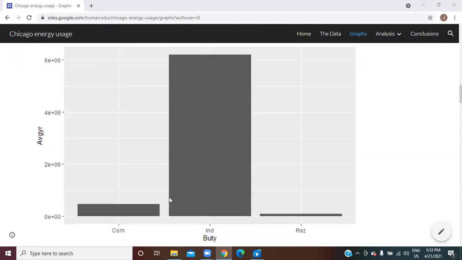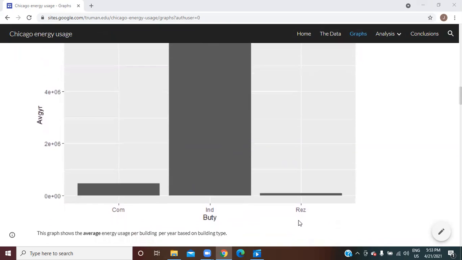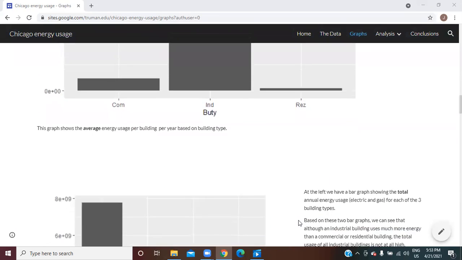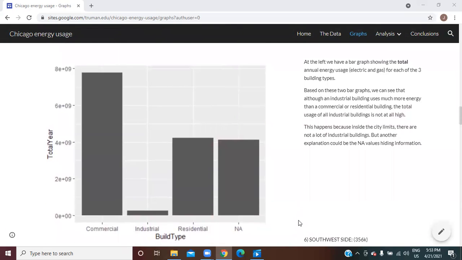This first one is the average usage for each type of building. So it shows us that on average, industrial buildings use much more energy than commercial or residential. And below this, we have a bar graph with the total energy. And in contrast, we see that industrial buildings use a very small percentage of the total energy of the city.